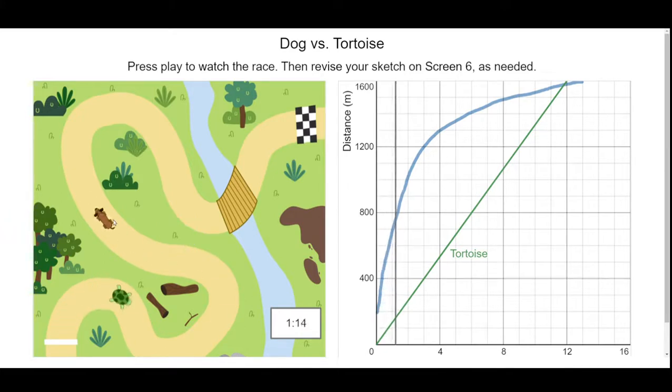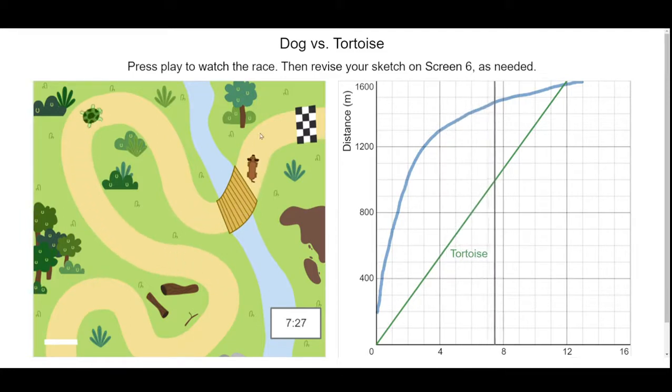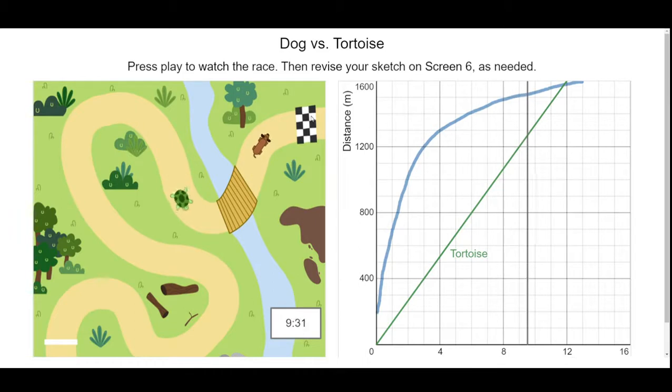He's moving really, really fast, and then slows down almost to a crawl, and the turtle ends up catching up to him. So in this one, when the line's curved like this, we're not accelerating, we're decelerating, because you can see that the steepness is really steep and then it gets more and more shallow. So that's what's happening there.